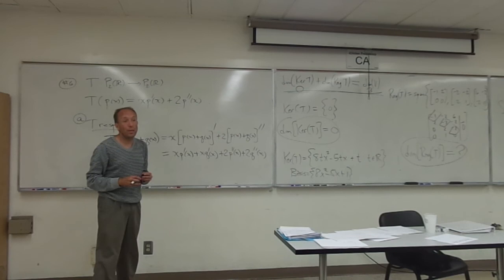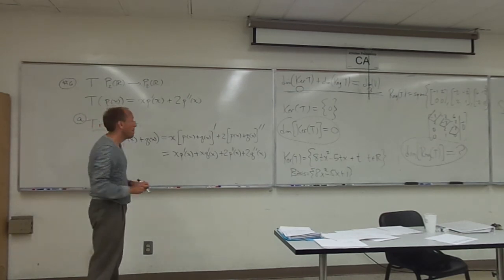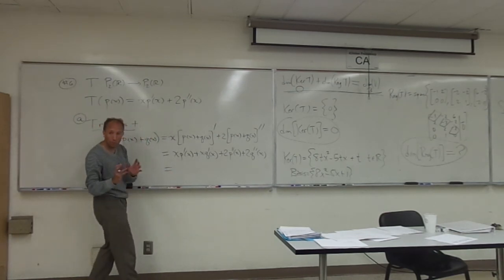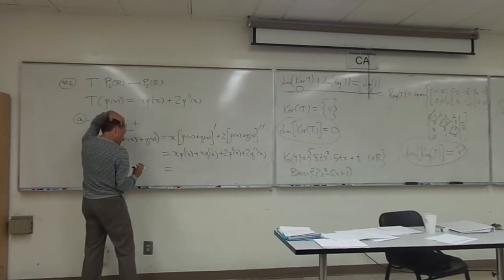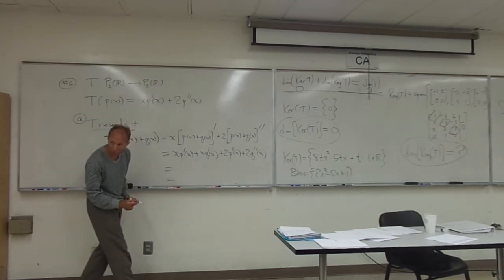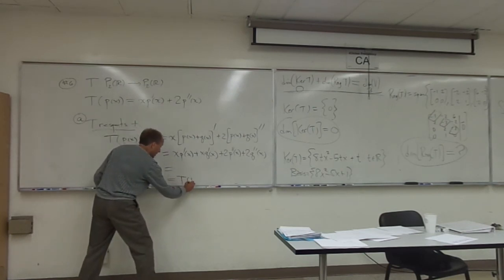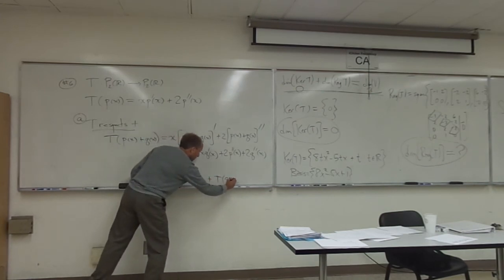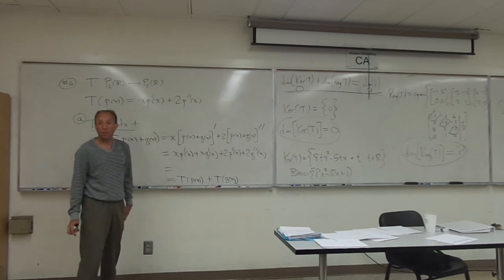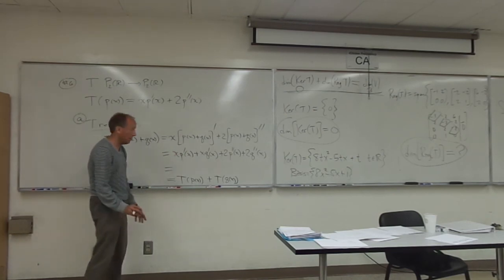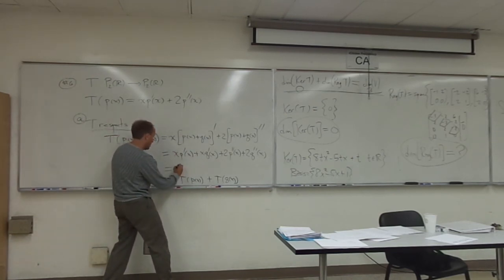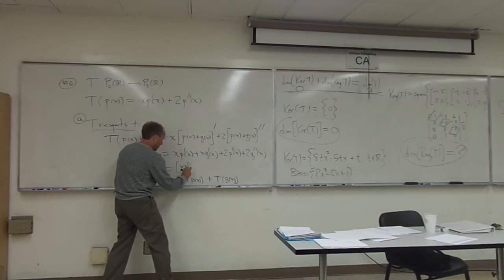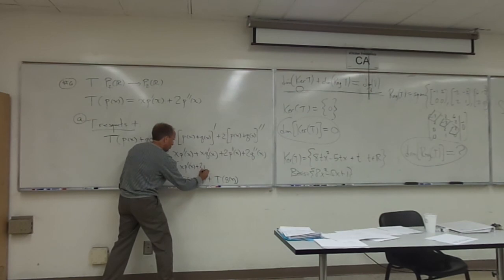And now what would you suggest that I do? Separate them and then substitute. Yeah, group them in a certain way. It might help to remember where we're trying to get to. At the end of this calculation, we'd like to get T of p of x and T of q of x by themselves. So the p and the q should be separated. So the first part is going to be x p prime of x plus 2 p double prime of x.